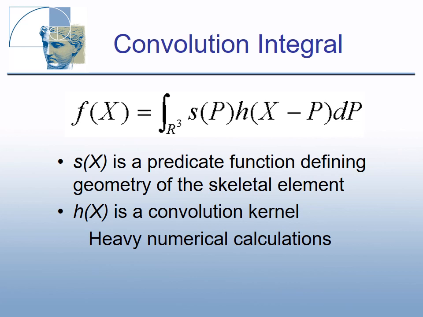In the shown definition of the convolution integral, S of x is a predicate function defining geometry of the skeletal element. It takes value 0 for points not belonging to the skeleton and value 1 at the skeleton. H of x is a convolution kernel. Usually such integration means heavy numerical calculations.